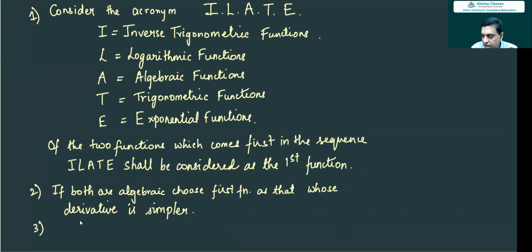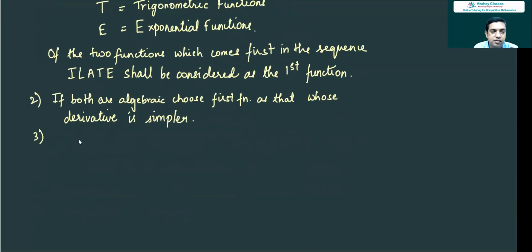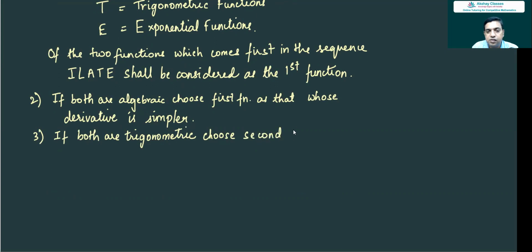And if both are trigonometric, generally this kind of case we don't usually get, but there's a rule we should know. If both are trigonometric, choose the second function as that whose integral is simpler.